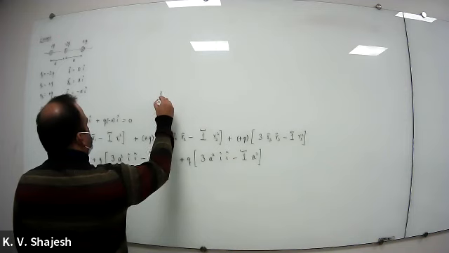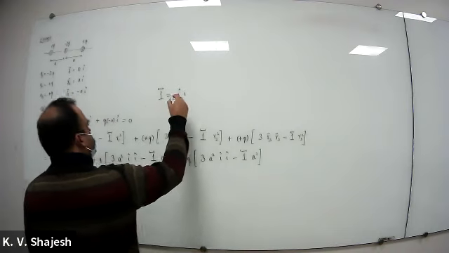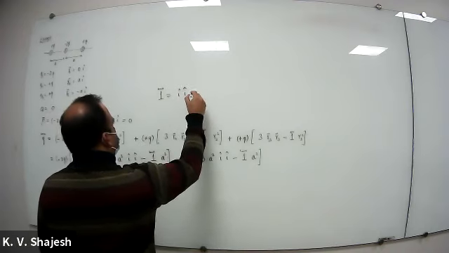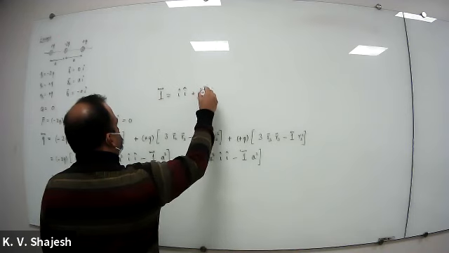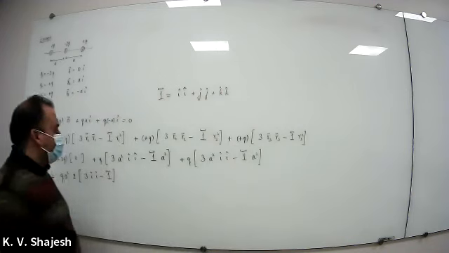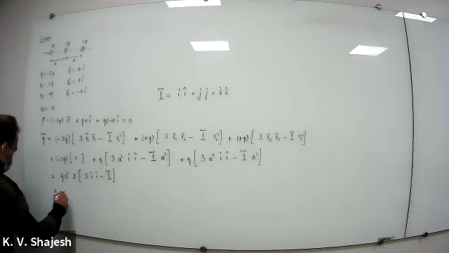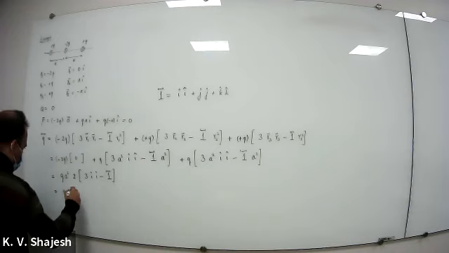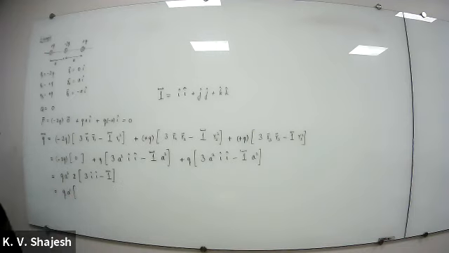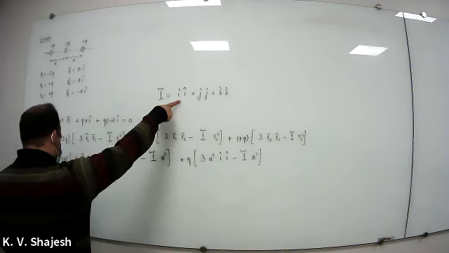Remember here, the unit dyadic 1 is i hat i hat plus j hat j hat plus k hat k hat. So if I were to substitute, this means that this is qA squared times, if I want to write the 2 also inside the bracket, there's a 3 i hat i hat, and there is an i hat i hat from here.